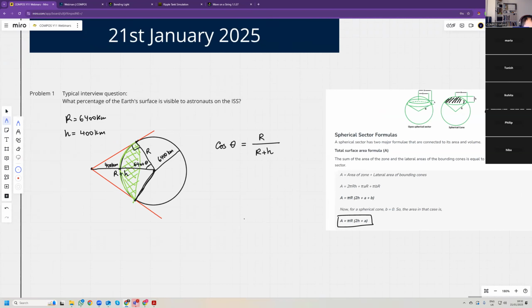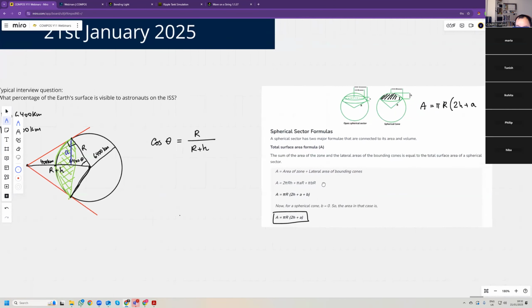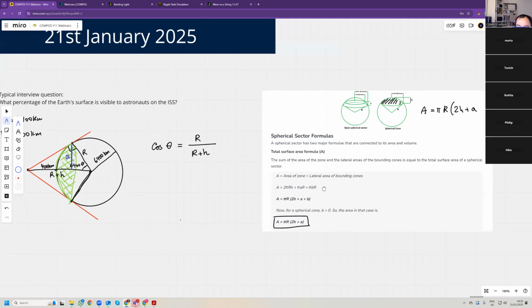Okay, so let's introduce some variables. So we want to find this. This is a, and this is h, the height. Let's call it h dash.